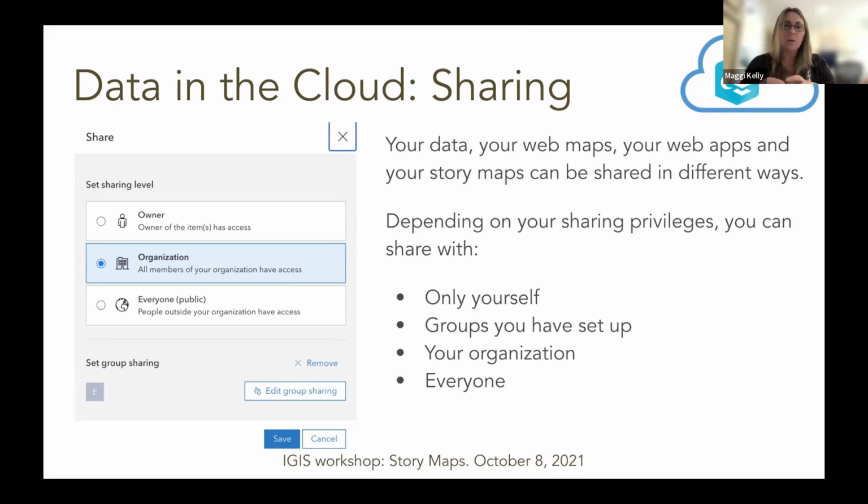So, for example, in IGIS, we have an internal group that's just us, and then we might set up a group that's just a particular project. It's a great way to organize your data. You can set sharing to just your organization, or you can say it's completely public. And so it's something to pay attention to when you start to work with data in the cloud.